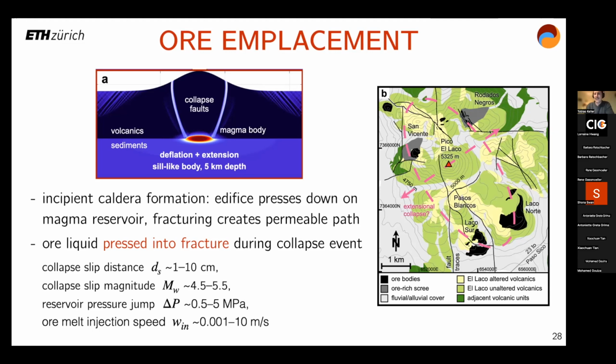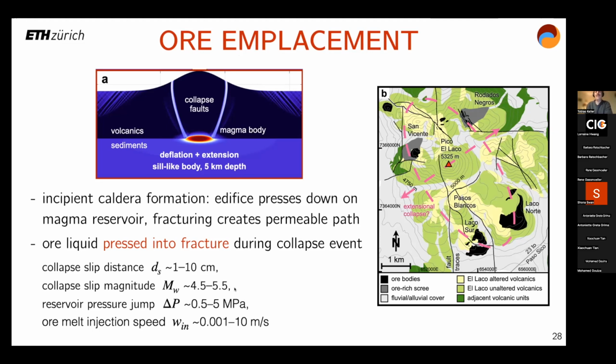So what we calculated, given the outline of potential collapse structures from the interpretation of the geology, along with the lengths of these faults extending down to the magma reservoir, is that a slip distance of 1 to 10 centimeters would result in a moment magnitude of about 4.5 to 5.5.